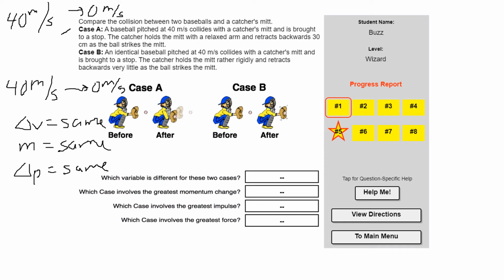So let's think about it. Let's look at the questions. Which variable is different for these two cases? Well, we know it's not the delta V. It cannot be the delta V. It cannot be the mass.